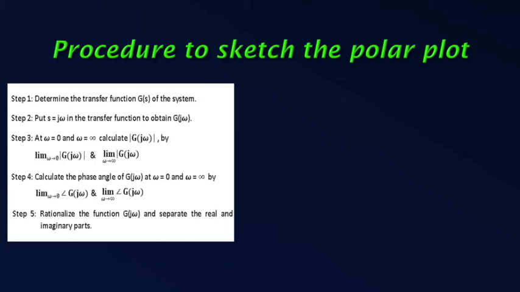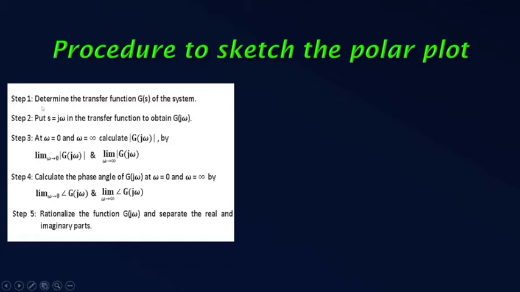If we know the value of magnitude and phase angle at omega equal to 0 and omega equal to infinity, then we can sketch the rough polar plot. The general shape of the polar plot of the function G(j omega) can be determined from the following procedure.